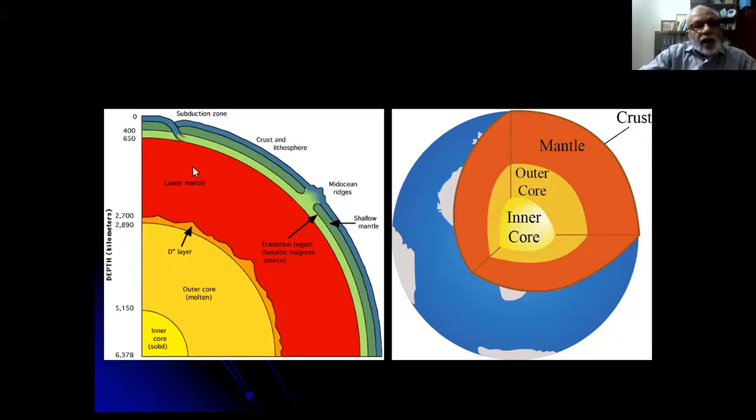And the Earth's crust here is only 45 to 100 kilometers thick. So it is an absolutely thin layer at the surface of the Earth. That is the hard part, and that we call the crust.